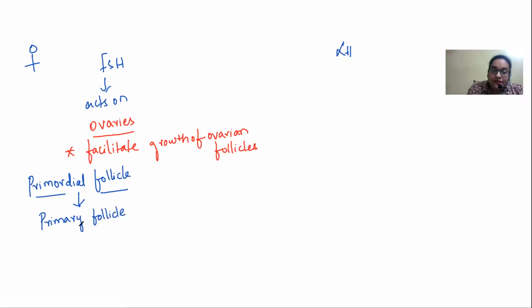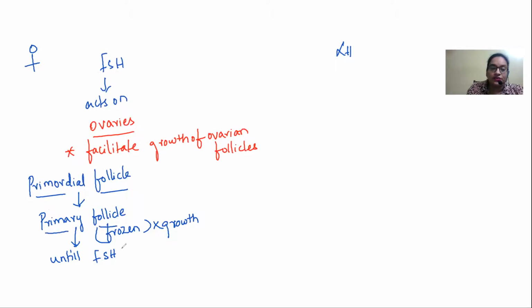Once these primary follicles are formed, they are frozen. They do not undergo any growth until the arrival of follicle stimulating hormone. Until then, the growth of the primary follicle is arrested.